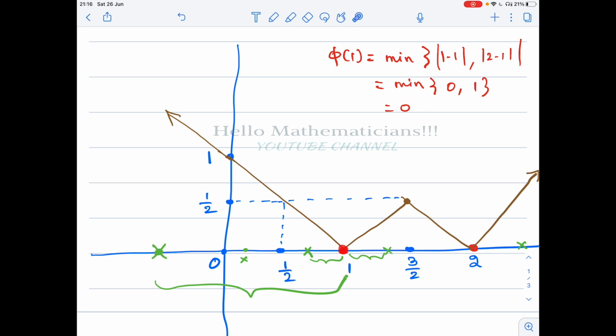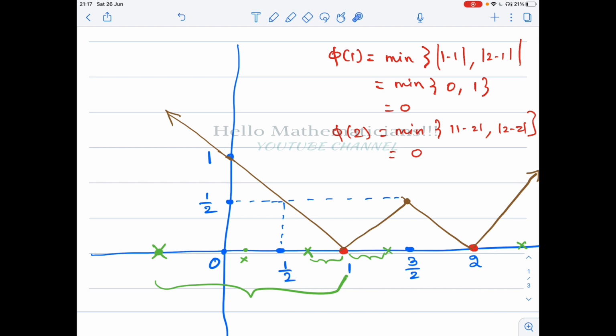Therefore at 1 the curve passes through the x axis. Similarly, if you calculate phi of 2, it is the minimum of the distance between 1 and 2 and the distance between 2 and 2, which is 0. So at 2 also the function passes through the x axis, taking the value 0.